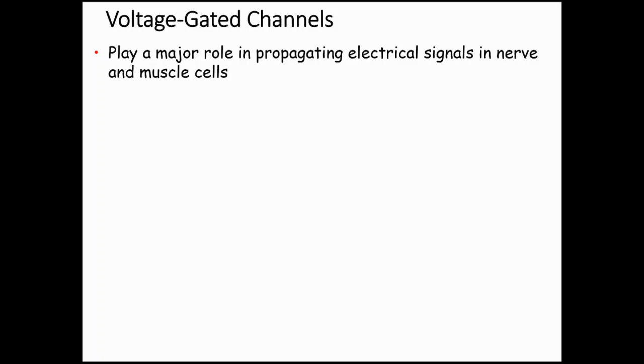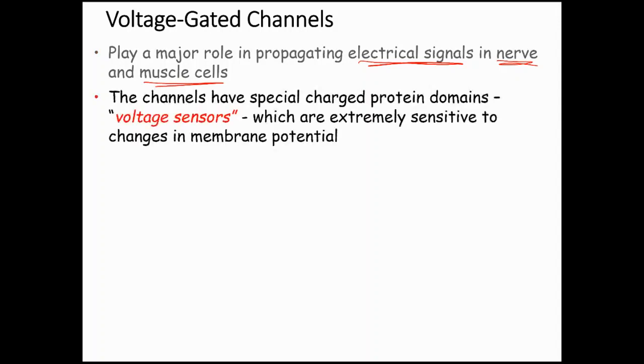They play a major role in propagating electrical signals in both nerve tissue and also muscle tissue, nerve cells and muscle cells. The channels have to have a special charged protein domain called the voltage sensor. So what is the voltage sensor on a voltage gated channel?